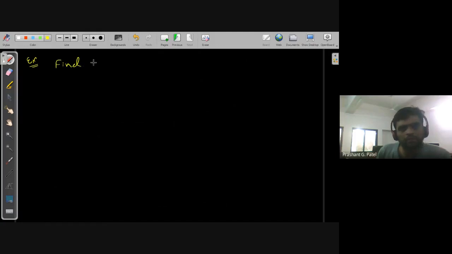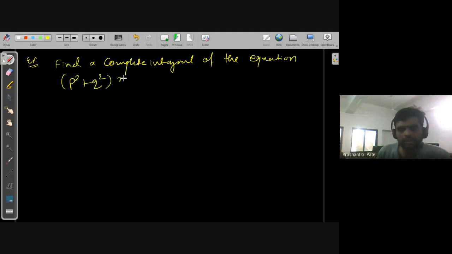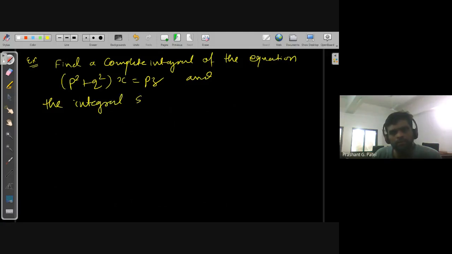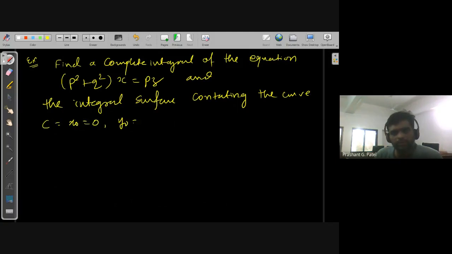Find a complete integral of the equation p square plus q square x is equal to pz, and the integral surface containing the curve C: x0 is equal to s, y0 is equal to s square, and z0 is equal to 2s. So this is the nonlinear differential equation given to us.